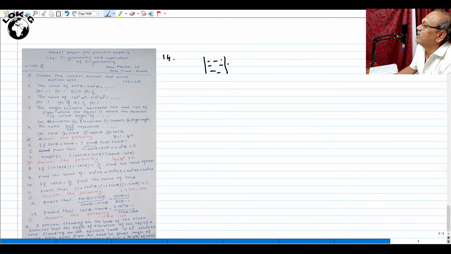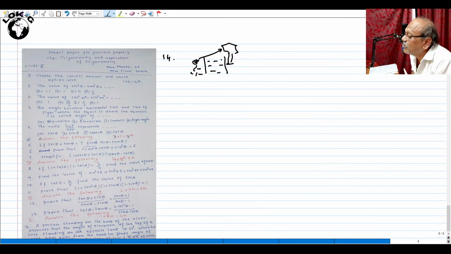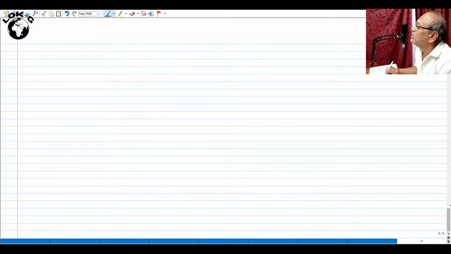See, on the other side there is a tree. The observer is standing here and seeing it. Understand the problem. Standing on the opposite bank. When he moves 40 meters away from the bank, he finds the angle of... read the question correctly.